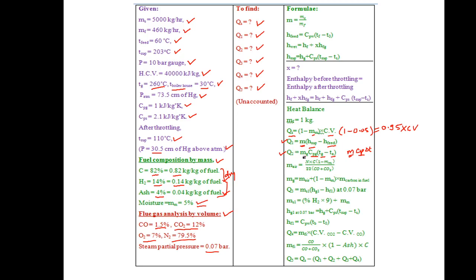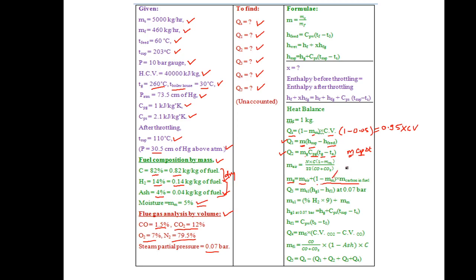But here the mass of gas we have to obtain first: the mass of flue gas produced by combustion of 1 kg of fuel. So the mass of gas is the sum of the mass of air plus the mass of carbon which is burned in the fuel, that is, mass of air plus (1 minus mm), where mm is the mass of moisture.